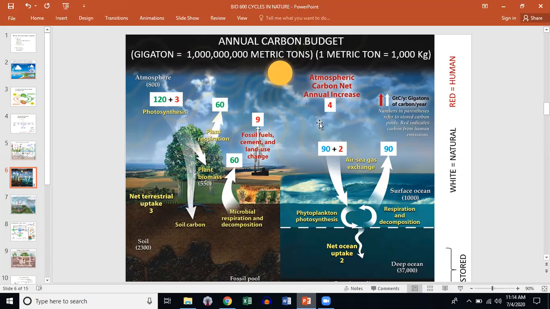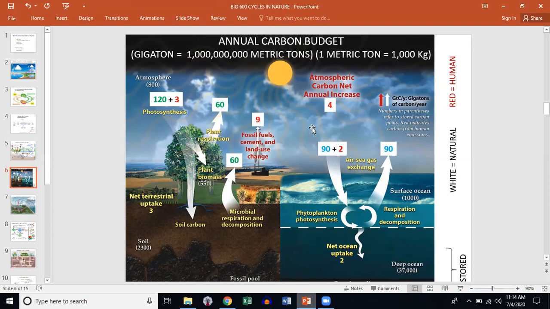So this is the issue here. This excess 4 gigatons that is accumulating over the years, over the decades now, and it's gradually heating up the atmosphere, okay? That's by the numbers.